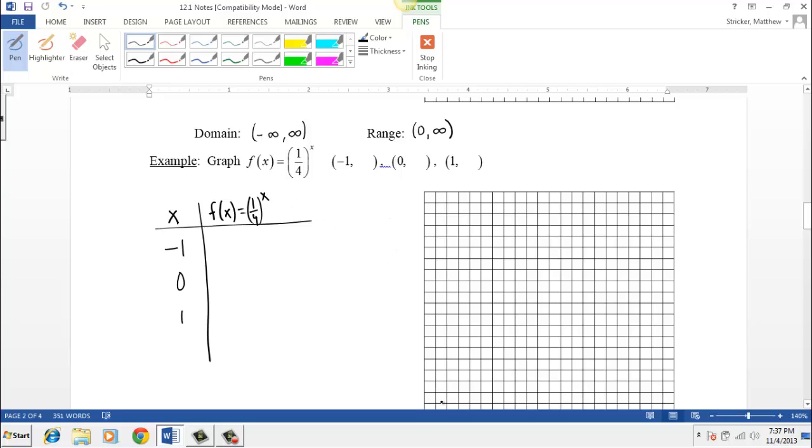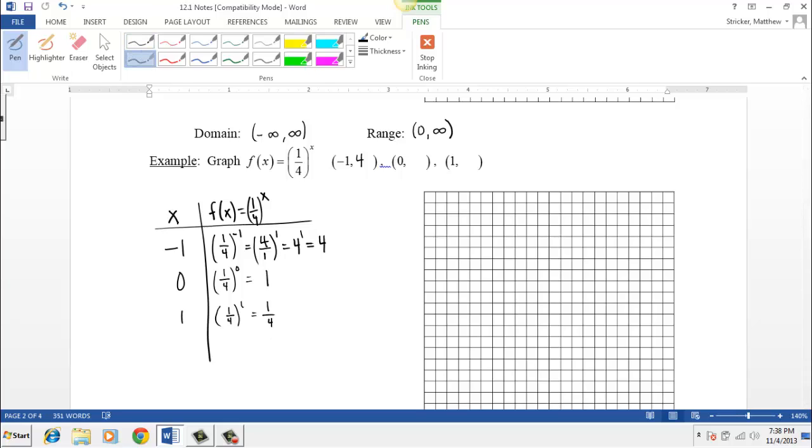We can see that when we plug in -1, this makes 1/4 to the -1. And remember, to turn that into a positive power, it makes it 4/1 to the +1, or just 4 to the 1, or 4. So we have -1, then y is 4. And then we have 0, that's 1/4 to the 0 power, which is 1. And then the third point is 1/4 to the first power, which is just 1/4.